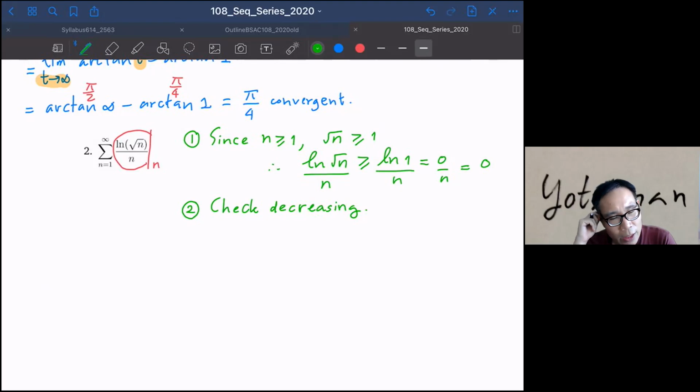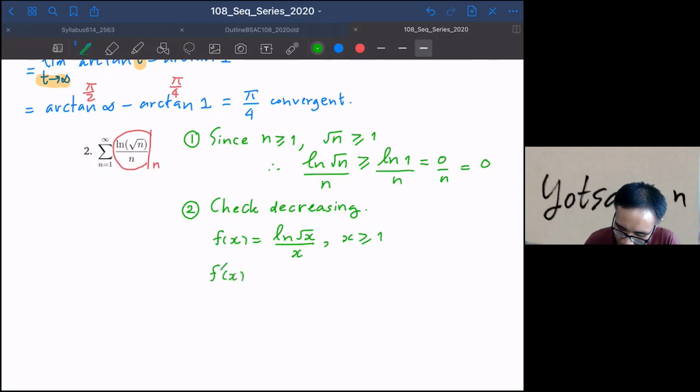So we're going to differentiate. Check decreasing: we have f(x) equal to log root x over x, with x greater than or equal to 1, and we're going to differentiate to get f prime of x.